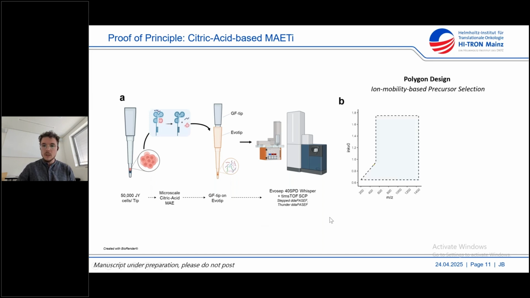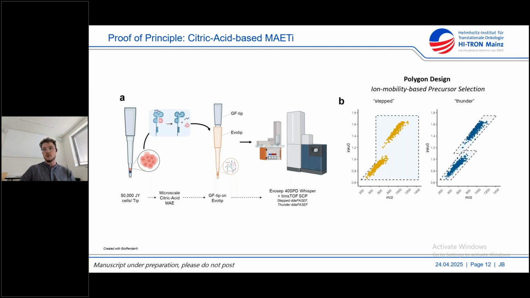ecosystem. Okay, and in the timsTOF, you can typically design polygons for precursor selection, for fragmentation and identification. For example, you would maybe call this polygon a step polygon. Here, all short peptides with a length of 8 to 13 amino acids are protected. And you might have heard that our group also has some history in HLA-tailored immunopeptidomics methods.